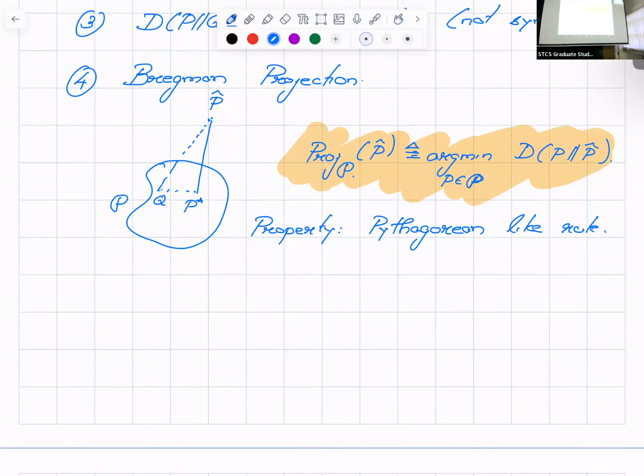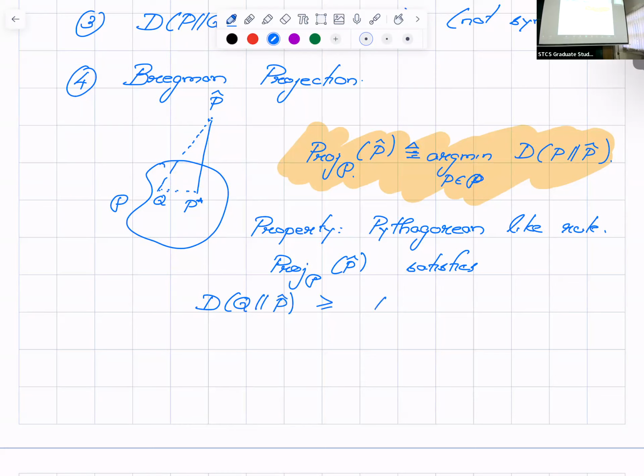But this projection satisfies more. You look at the divergence from Q to P hat.